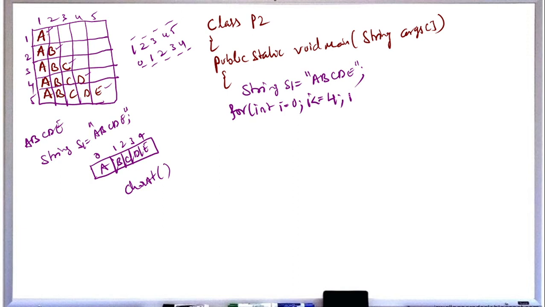Now i plus plus, because each time after printing one row we move to the next row. Next, for int j is equal to 0, again we start from 0.